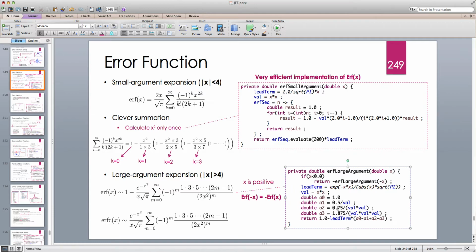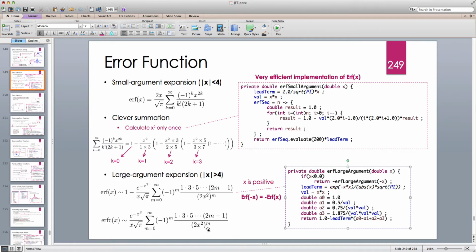And then a2 is 0.75, which is 3 over 2 to the 2 power, so 3 over 4, over val times val, which is x to the 4th power. And then a3 is when we set m to 3, x to the 6th, so val times val times val, and we end up with 15 over 8, which is 1.875.